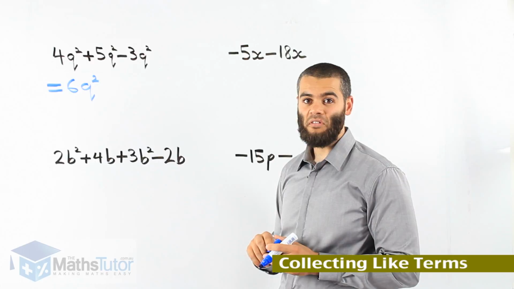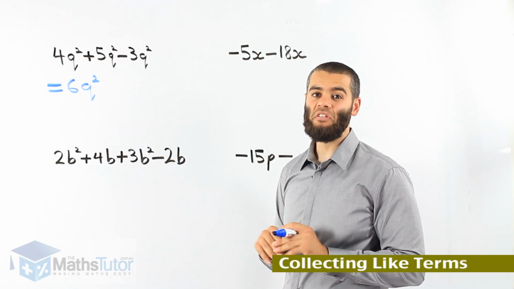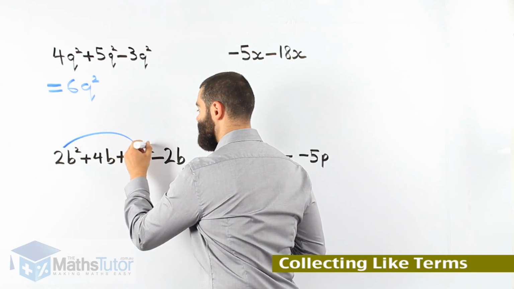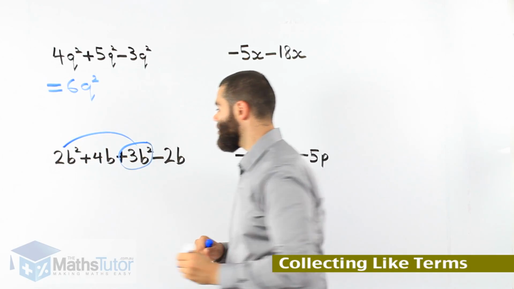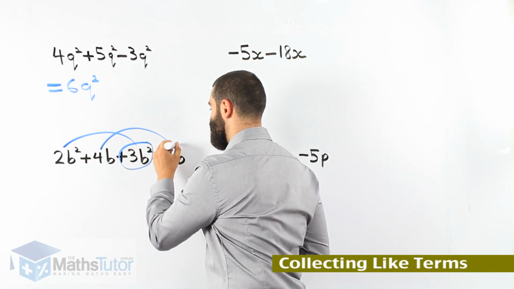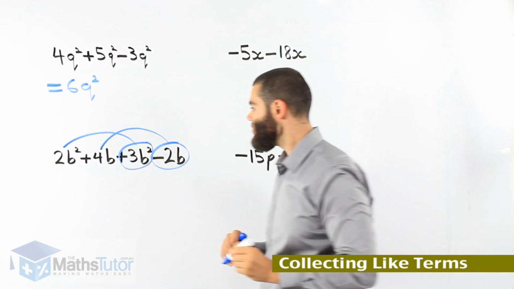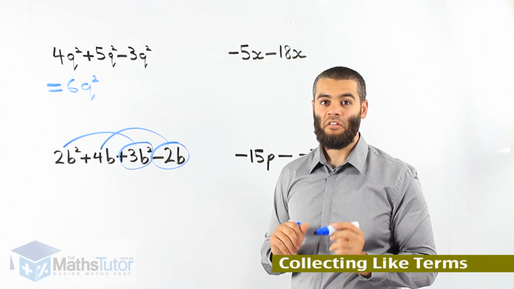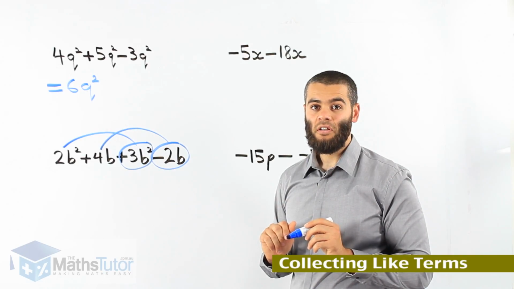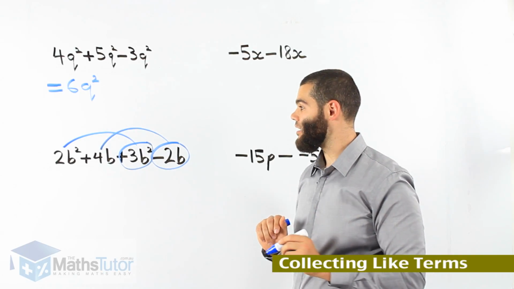Where are the like terms? Let's connect them together first before we solve it. 2b squared is a like term with 3b squared. And 4b is a like term with negative 2b. So now that we are identifying the like terms, we can start adding and subtracting.